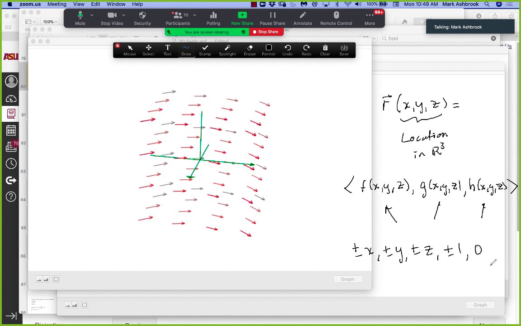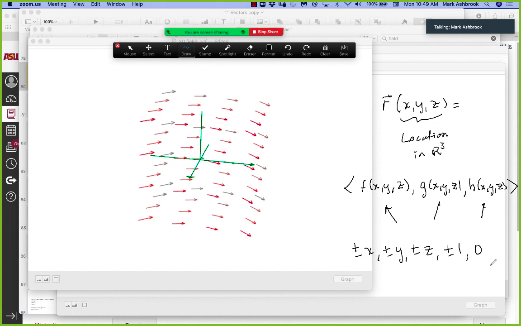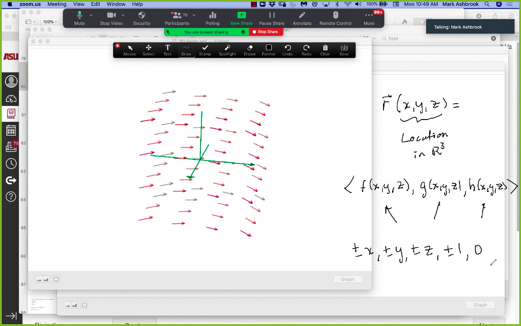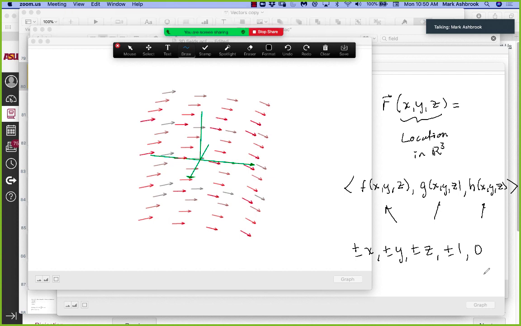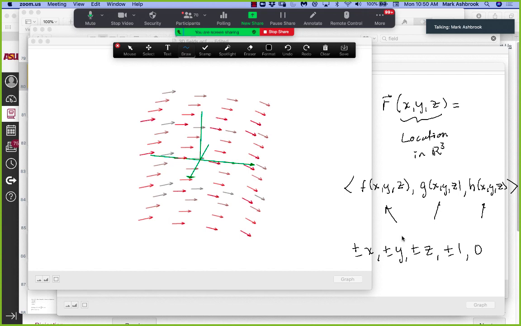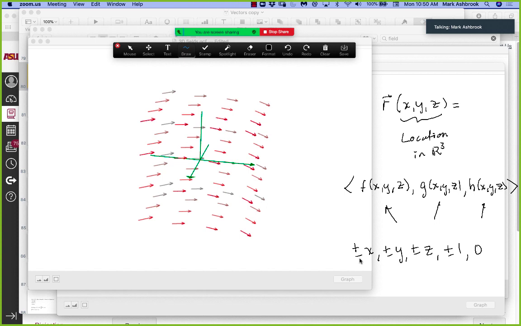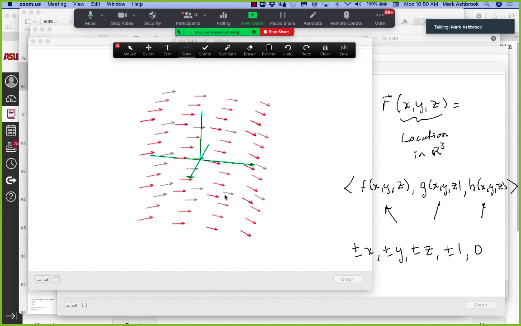So these are my only choices for these visual type problems, figuring out what the field is. We're going to restrict the choices to plus or minus x, plus or minus y, plus or minus z, plus or minus 1, and 0. Although vector fields could have much more complicated formulas for their vectors than this. In terms of a visual type problem, we'll keep it simple.